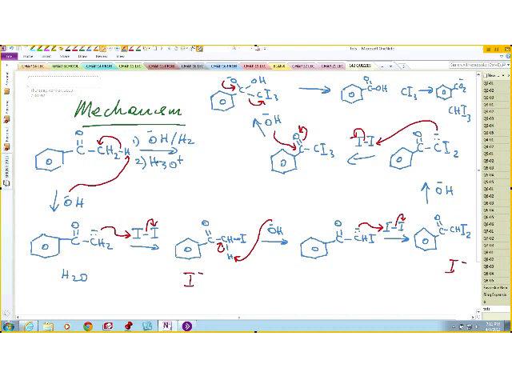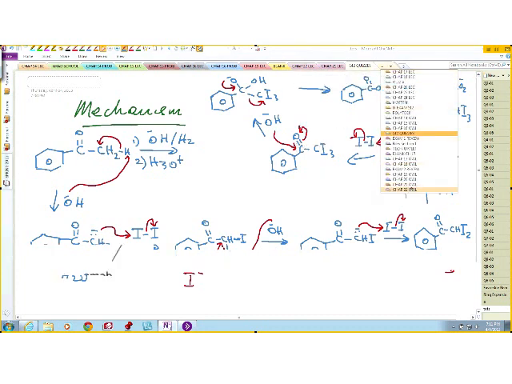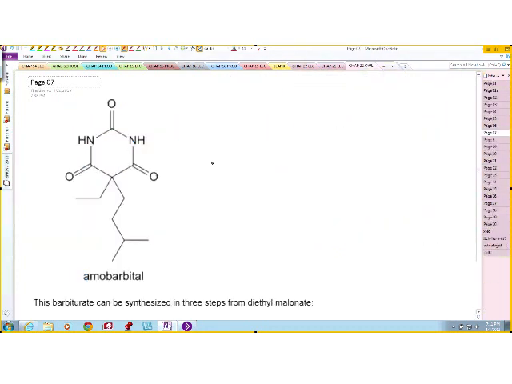Okay, remember during the session yesterday, I gave you a molecule of, was it barbital or something? And I told you guys to take a look at it before class today.